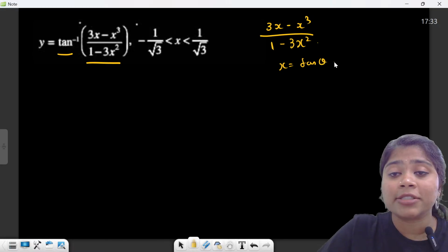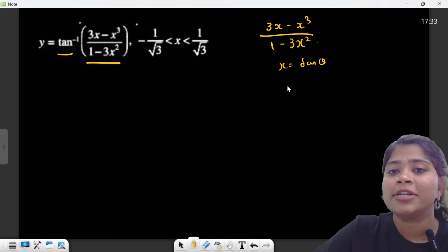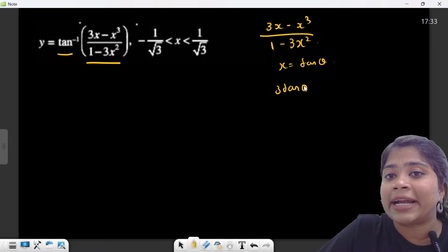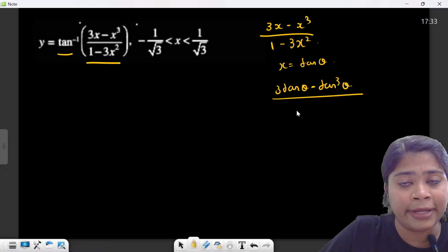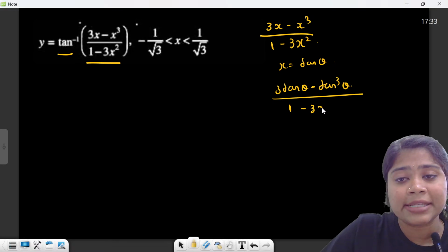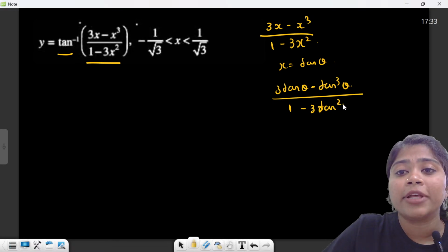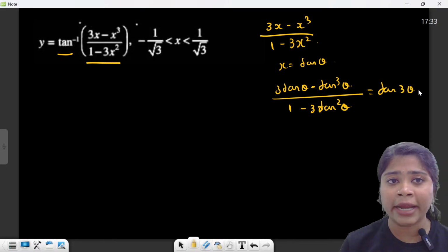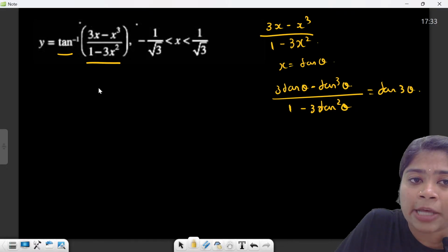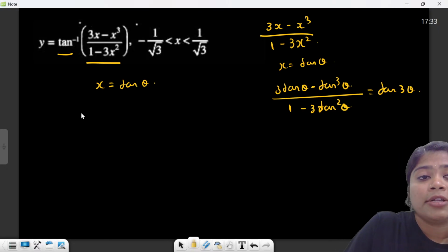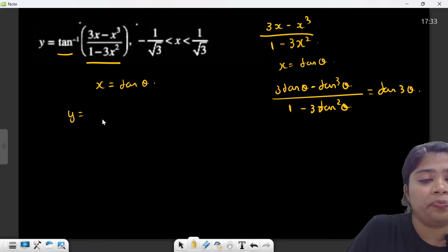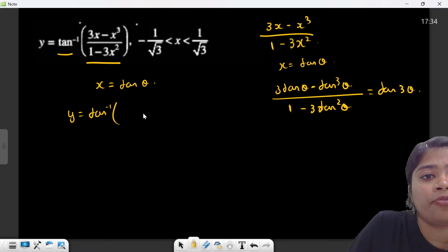When I have x is equal to tan theta, I have 3 tan theta minus tan cube theta divided by 1 minus 3 tan square theta. This is nothing but the tan 3 theta formula, right? So when you substitute x is equal to tan theta, y is equal to tan inverse of tan 3 theta I can write.